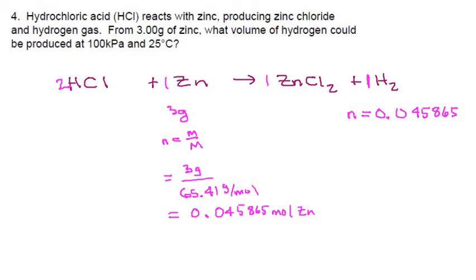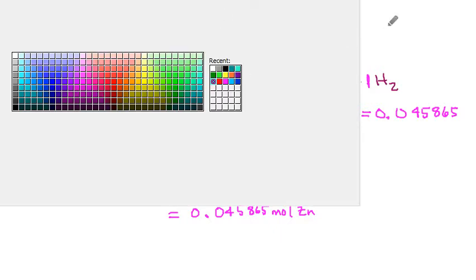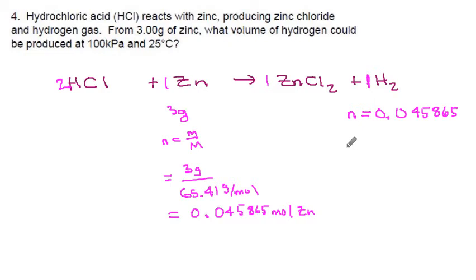Now they're asking for a volume, and because we're talking about a gas, the formula that covers this is the ideal gas law. I believe on our formula sheet it's written PV equals nRT. In this unit we've been using it a lot as n equals PV over RT. Neither of these is fantastic for what we're trying to do now.